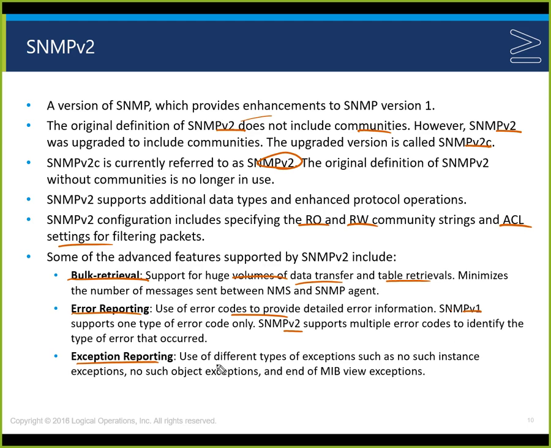Exception reporting: different types of exceptions, such as no instance exceptions, no such object exceptions, and end of MIB view exceptions. So you get a message back, you try to add something and it's not there, then we're going to get the exception messages so that we know why it didn't get added.